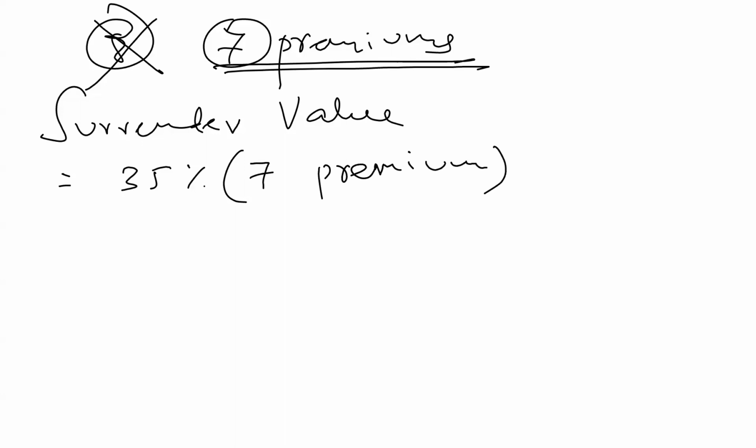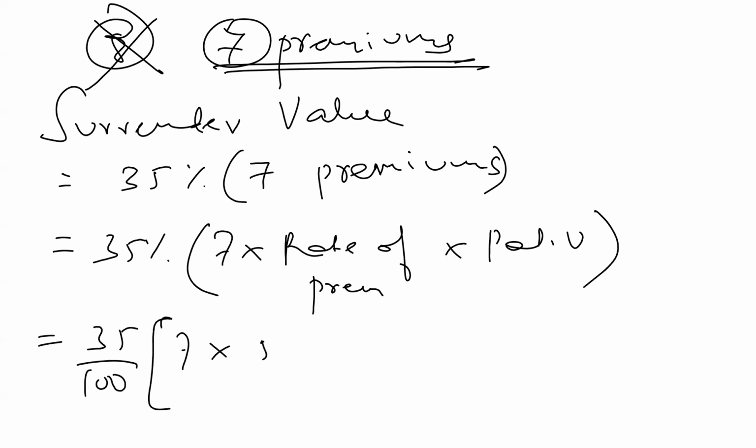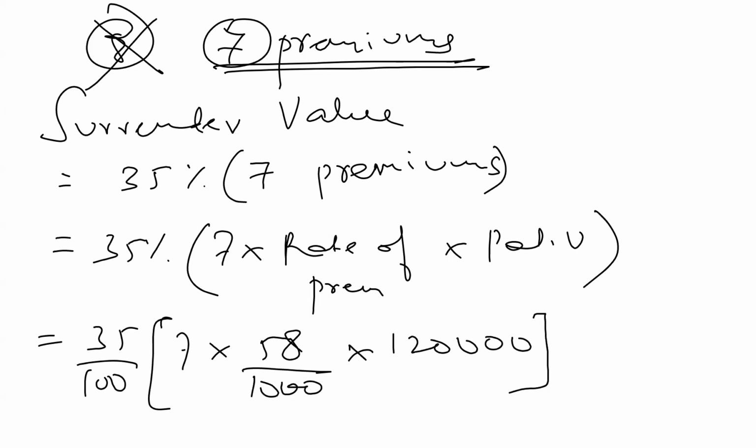We all know how to calculate premium. Premium is equal to the rate of premium into policy value. So 35 upon 100, 7 into the rate of premium 58 by 1000 into 1,20,000. This is how you can calculate the surrender value.